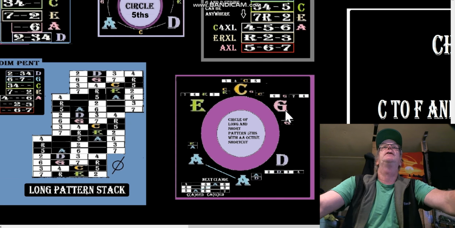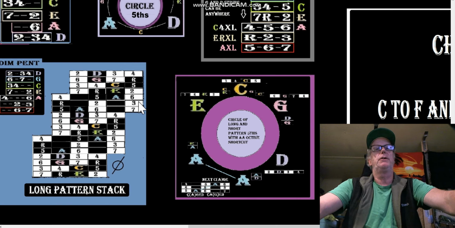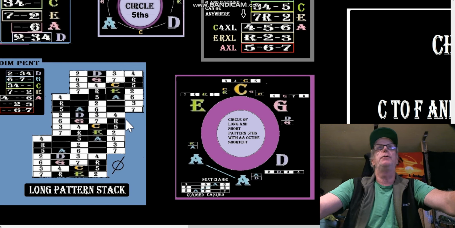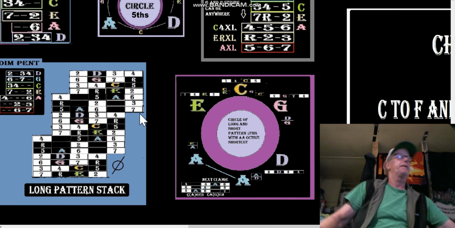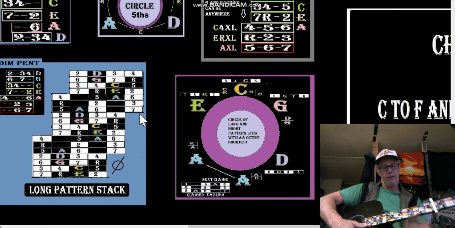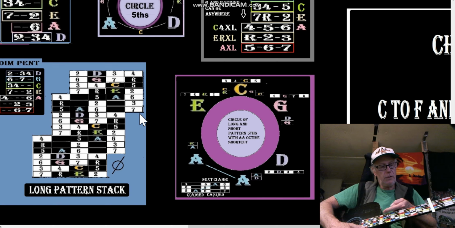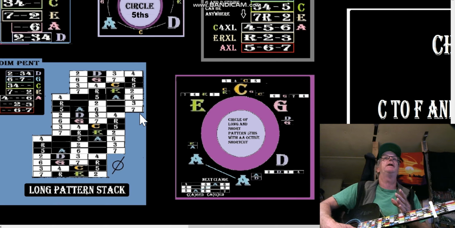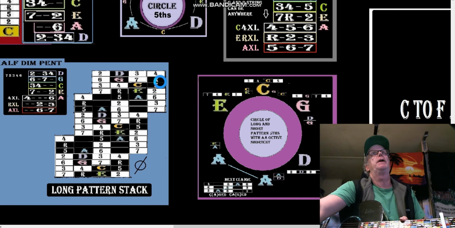So C goes to G, goes to D right here, goes to A right there, but then we go into the long patterns. And that's how we use the long patterns to play off the fret nut, because the long pattern stack always goes to the right. And when you're holding your guitar, this is to the right. So it goes away from the fret nut. The long pattern plays away from the fret nut.